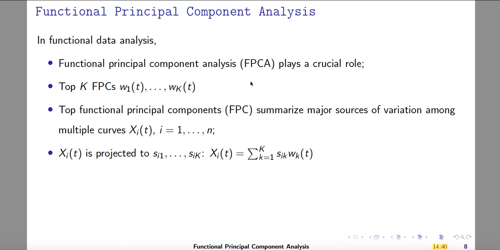Here I denote them as W_1(t) to W_k(t). These top functional principal components summarize the major sources of variation among these multiple curves x_i(t). I also want to mention that I assume these x_i(t) are centered curves. In other words, the mean of x_i(t) is equal to 0.